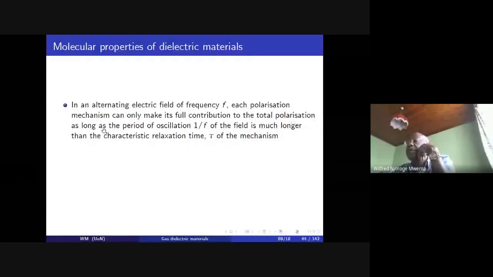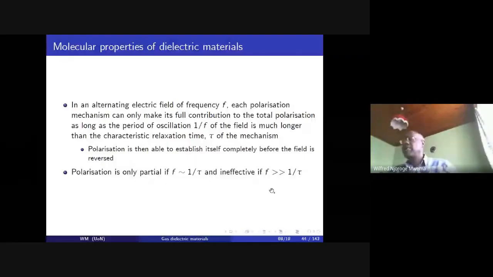In an alternating electric field of frequency f, each mechanism contributes to the total polarization as long as the period of oscillation is longer than the characteristic relaxation time tau of that mechanism. So the polarization can follow the field and establish itself completely, as long as the frequency is less than about 1 over tau.